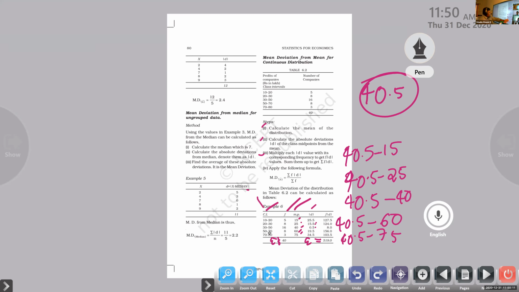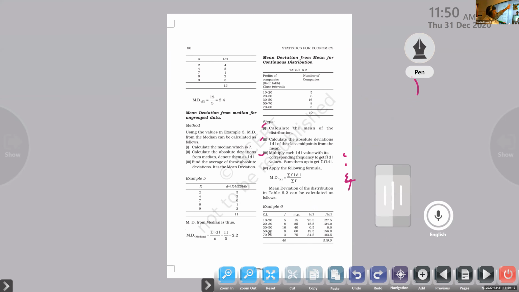So next we are going to the fourth step. What is the fourth step? We want to apply these numbers in this equation. So MD X bar means X bar is mean. So mean deviation for the mean. Okay, clear or not? Mean deviation from continuous distribution.